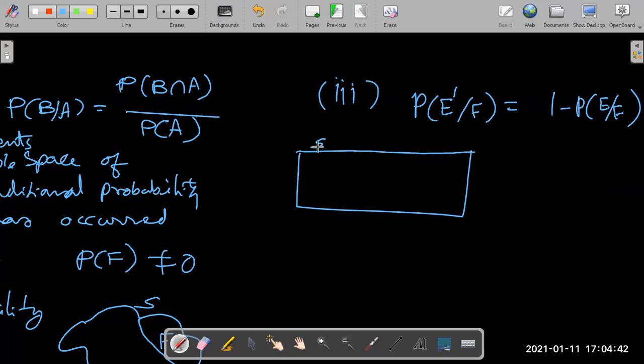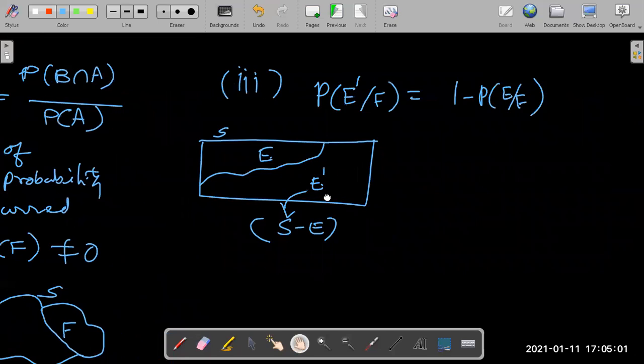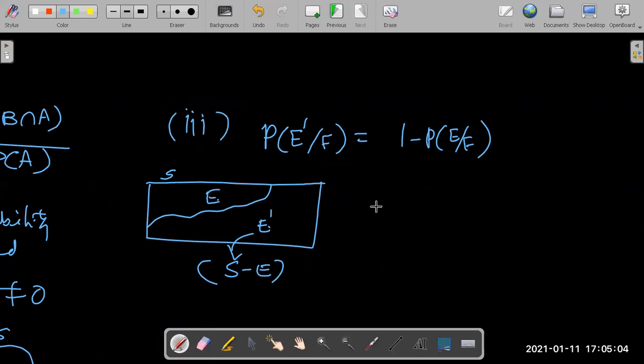I draw a sample space. This is the event E. What is the other part? Whatever is S minus E. This is called E dash. We also call this S minus E, so the entire sample space minus the event space E. We use this diagram to draw the proof for this.